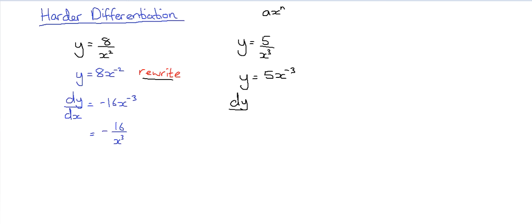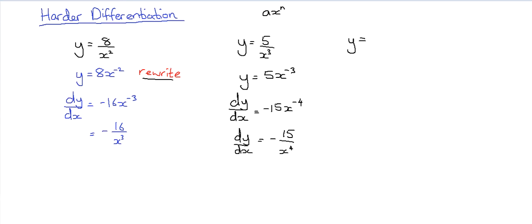Now I can differentiate. 5 times negative 3, minus 15, and reduce the power by 1, so negative 4. Okay, so rewrite. This again is still dy by dx, it's just a rewrite, putting it back into this fractional form. And again, we use that so we can input values in nice and easy later on. So it's going to be minus 15 over x to the 4.